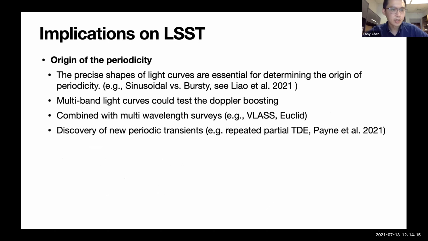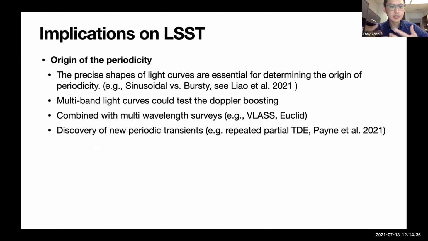And speaking of the origin of the periodicity, because LSST will give us very high quality light curves, we can use the precise shape of the light curve to determine the origin of the periodicity.